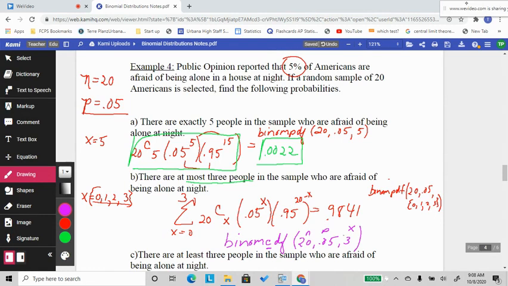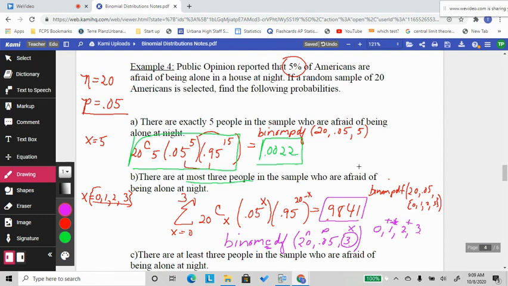It takes this number, and it knows cumulative, and it does the probabilities for 0, 1, 2, 3, and adds them up automatically. So as soon as it sees this C and the 3, it does 3, 2, 1, 0, and adds them up. You're going to get this answer real quick by just typing this in.